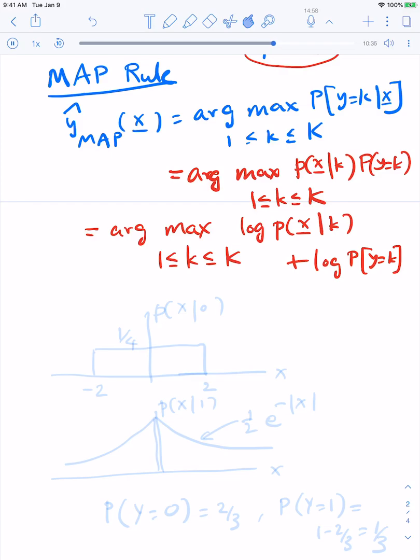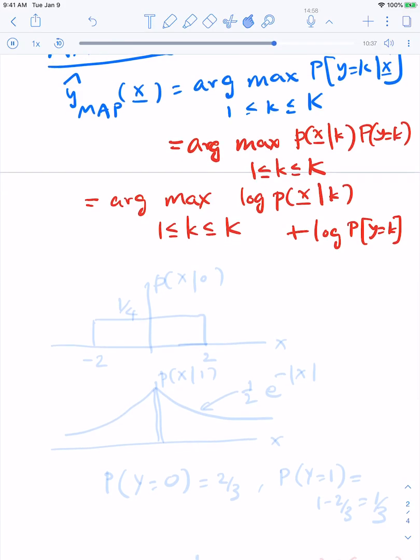But before doing that, I just want to go back to that example we had and show how the MAP rule differs from the maximum likelihood rule potentially, depending on the prior probabilities, right? So remember that we had these two conditional densities.